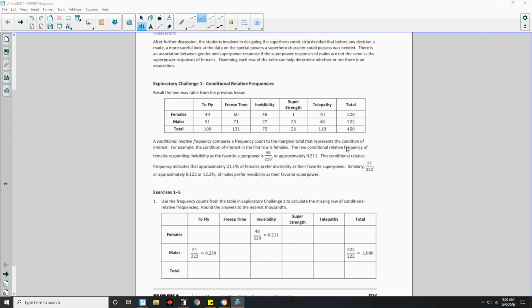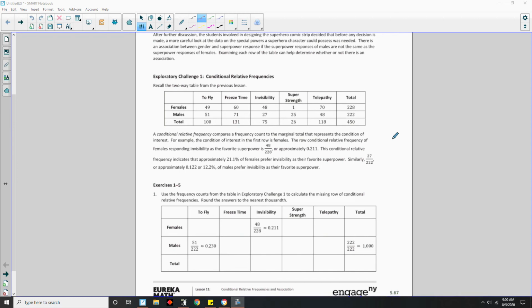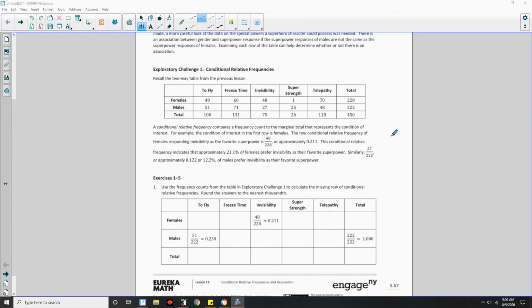Okay, so Exploratory Challenge 1, Conditional Relative Frequency, says: recall the two-way table from the previous lesson, and there it is given. We used it in Lesson 9 and 10. A conditional relative frequency compares a frequency count to the marginal totals that represent a condition of interest. For example, the condition of interest in the first row is females.